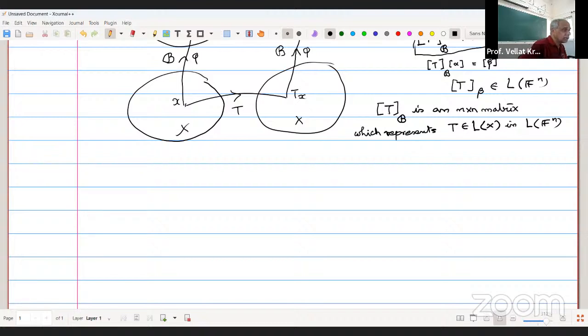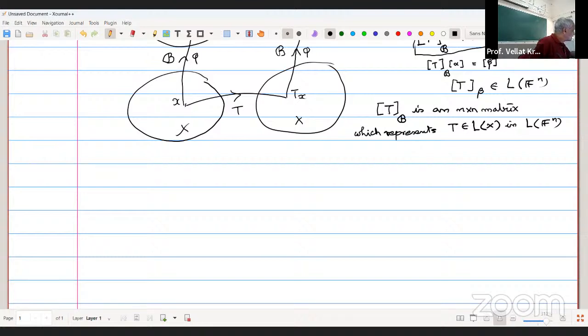Therefore, corresponding to each ordered basis that you choose, there is a representation for the vectors, and corresponding for each linear transformation on X, there is a corresponding linear transformation on Fn. And that is represented by an n by n matrix. I think you should work on what this matrix representation is.